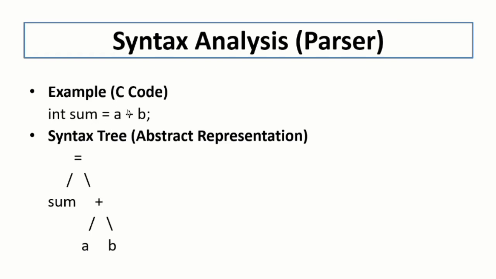How do we construct the tree? First, a and b are operands and the internal nodes are operators. We evaluate a + b, then assign the result to sum. This is the way we construct the abstract representation of the syntax tree.